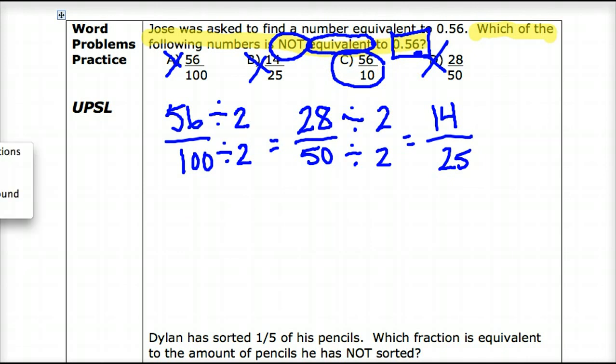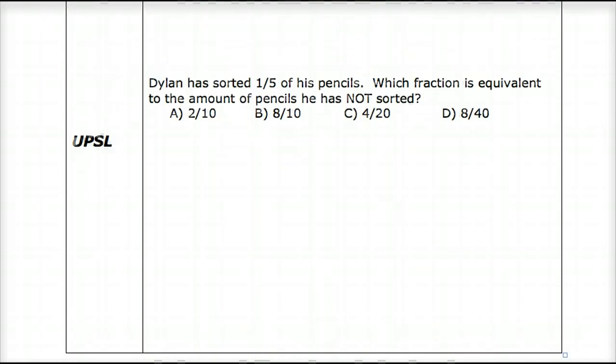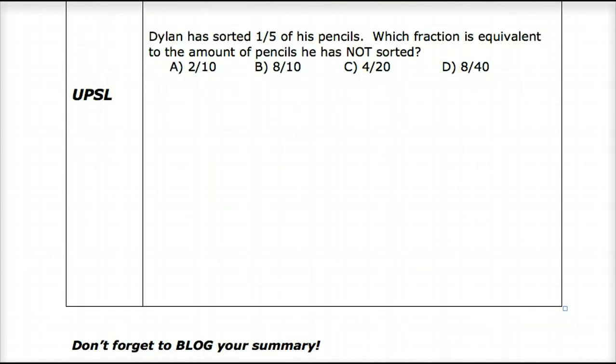Now for another word problem. Skip down to the second word problem on your notes, and you're going to see that Dylan has sorted 1/5 of his pencils. Which fraction is equivalent to the amount of pencils that he has not sorted? Alright, so we want to find that question first.